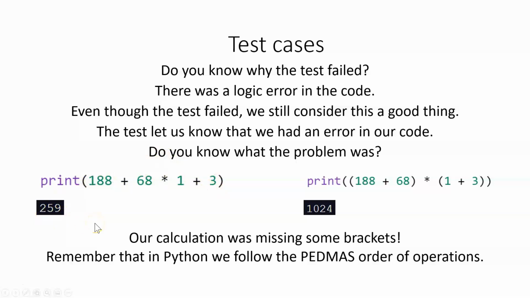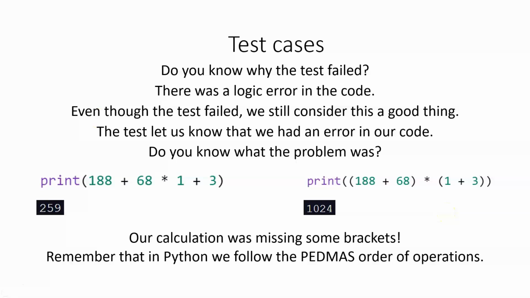What we actually wanted was 188 plus 68 multiplied by 1 plus 3. We had the expectation that it was going to give us 1024. Well, we had to manipulate the calculation a little bit more by adding in these brackets. And it's a small error like that that can really cause problems in a program.